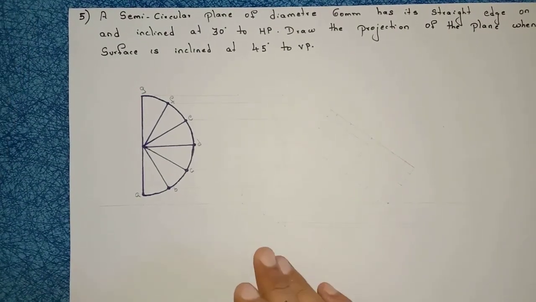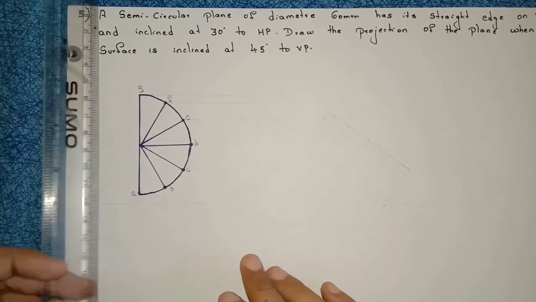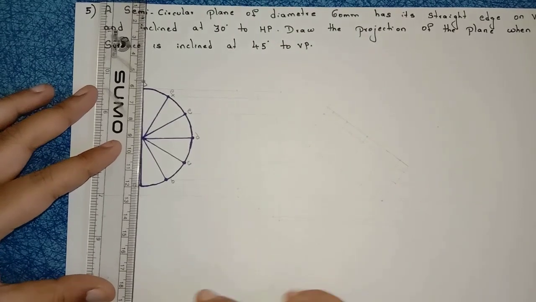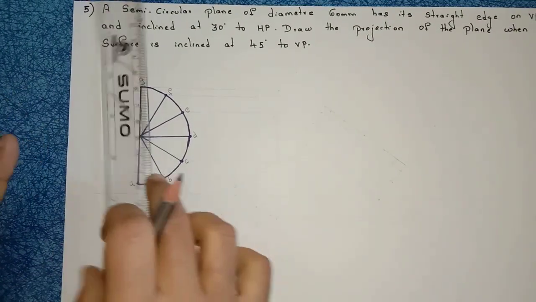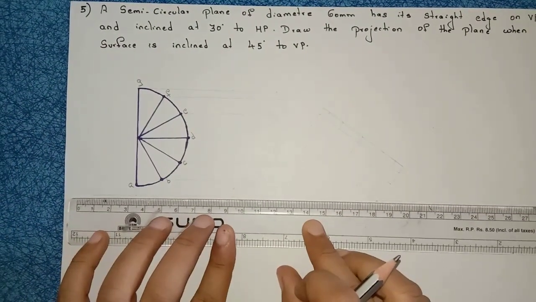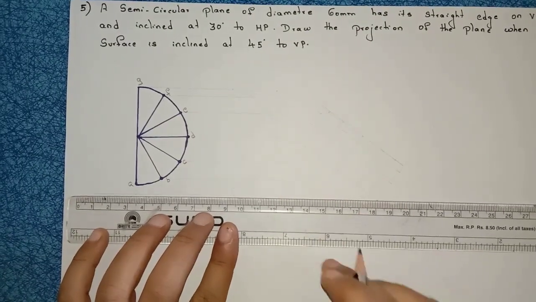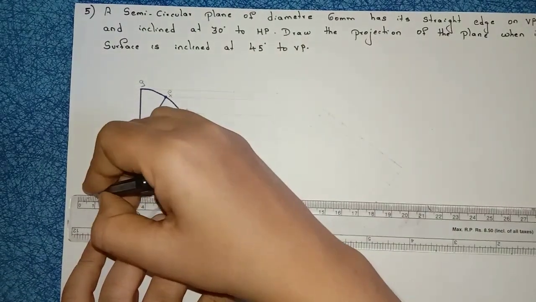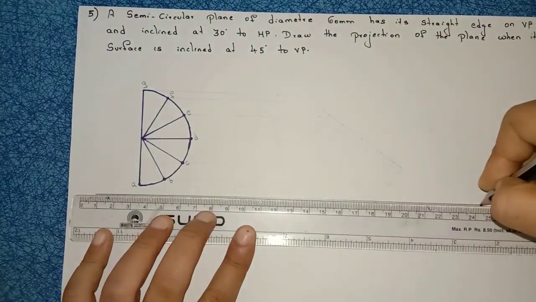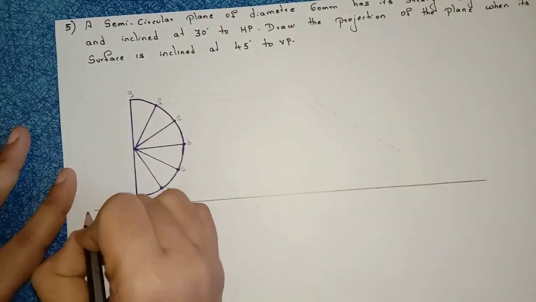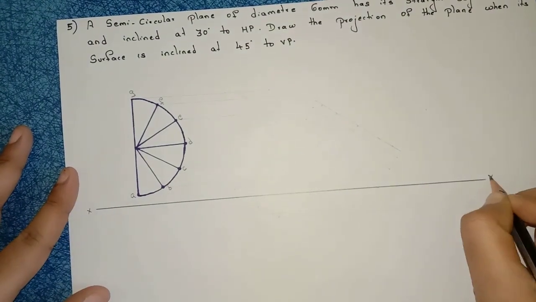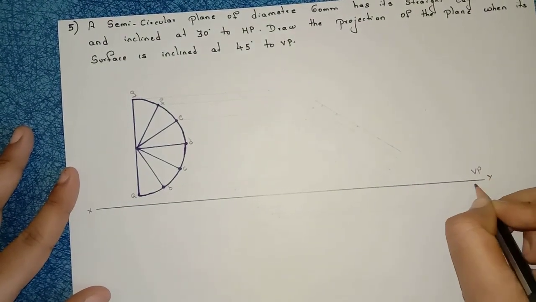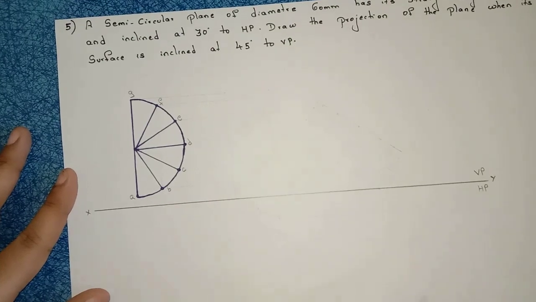Right? Now after that what we have to do? Leave a 5 mm gap. Draw the reference line of any length. Name it as X, Y, vertical plane, horizontal plane.